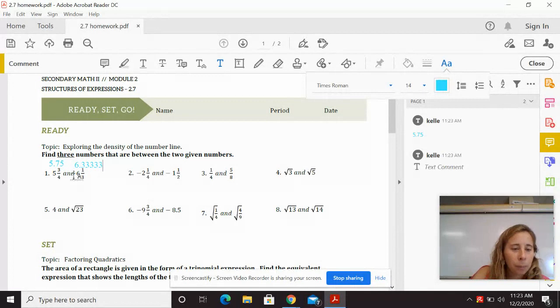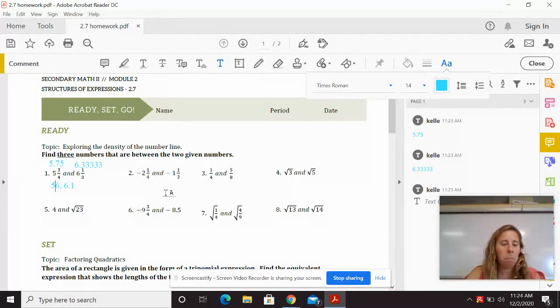Okay, so then you just have to write 3 numbers that are between them. You have a lot of options here. An obvious one, for me, is 6. 6 is between these. 6.1 is between these. 5.8 is between those.